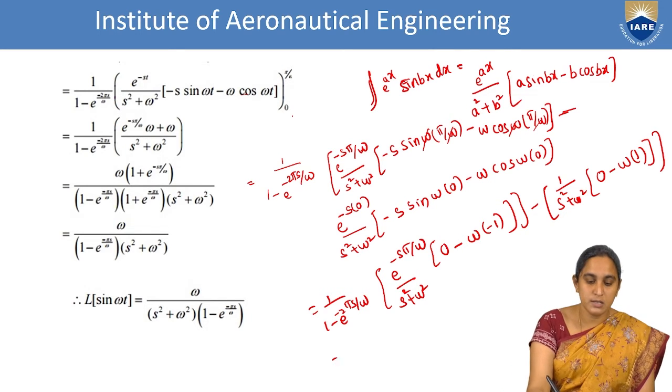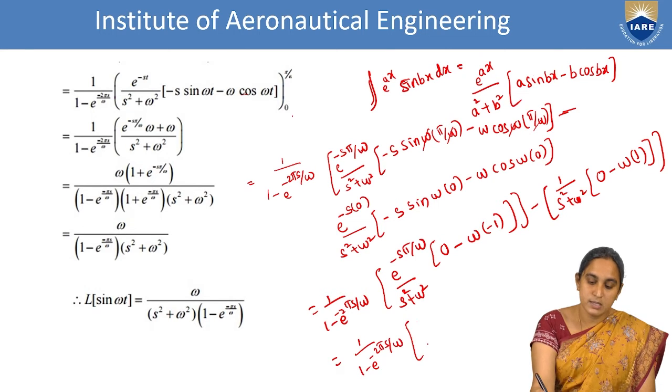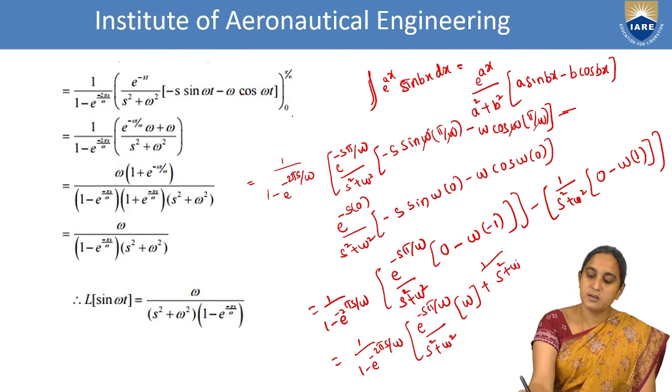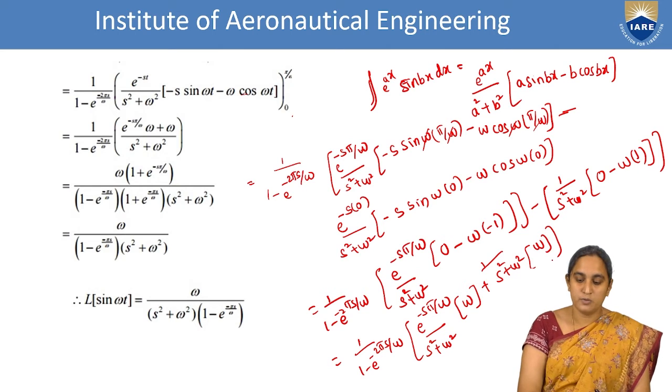For that we got 1 minus e power minus s pi by w by s square plus w square, that is 1 by 1 minus e power minus 2 pi s by w, that is e power minus s pi by w by s square plus w square into minus plus, that is w, plus 1 by s square plus w square into minus plus, that is w. For that step, what is common?